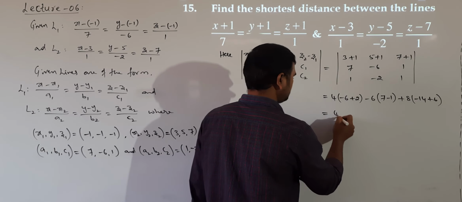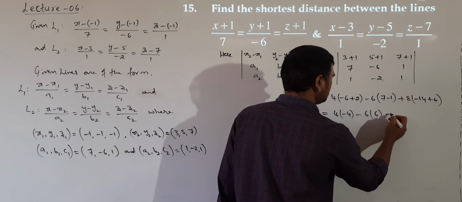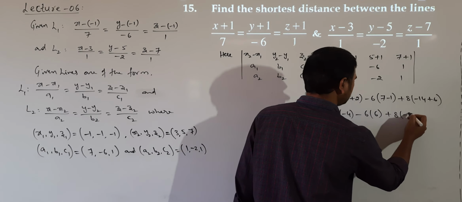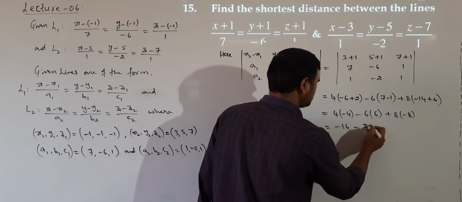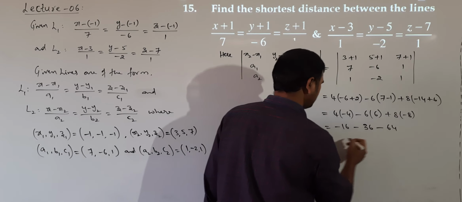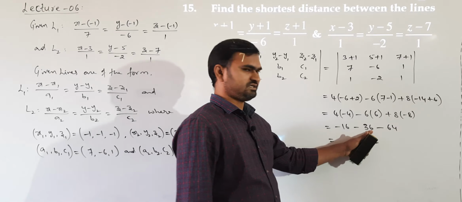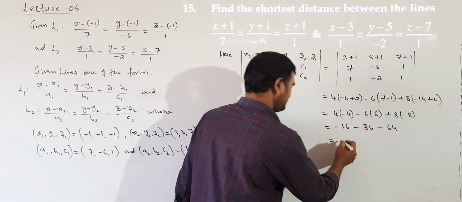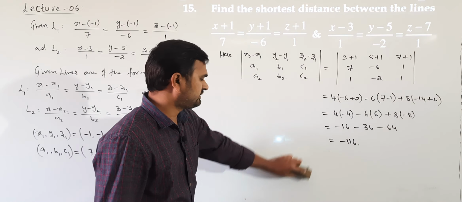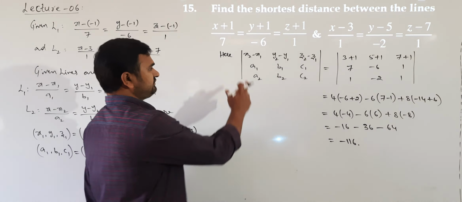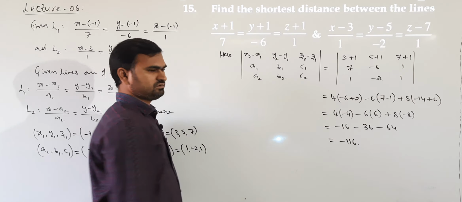It is 4 into minus 4, minus 6 into 6, plus 8 into minus 8. So minus 16 minus 36 minus 64, all are negative. 64, 36, 100, 116. So it is minus 116. So this is a numerator value. Determinant of x2 minus x1, y2 minus y1, z2 minus z1, a1, b1, c1 and a2, b2, c2.